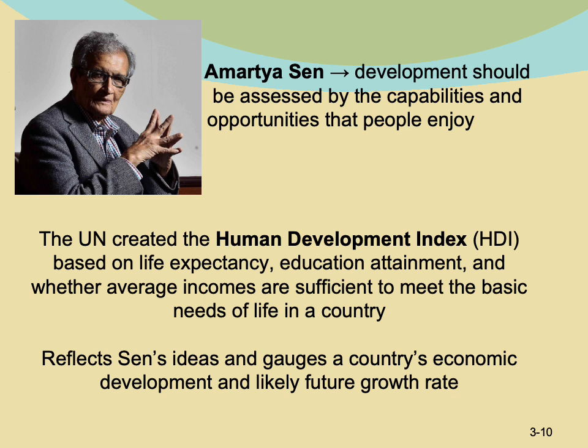The HDI incorporates 3 dimensions taken from life expectancy, educational attainment, and whether average income is sufficient to meet basic human needs. This broader approach captures both the current level of development and countries' potential for sustained growth.